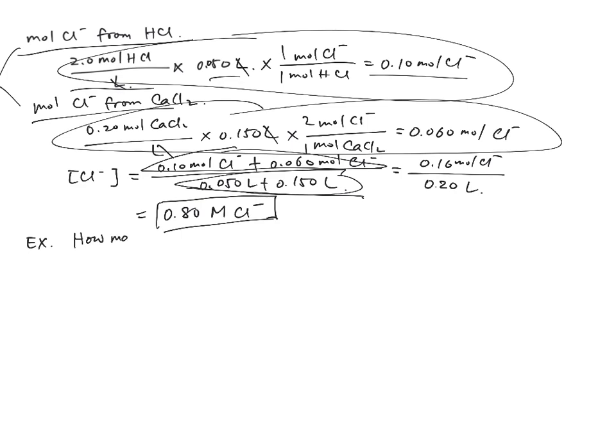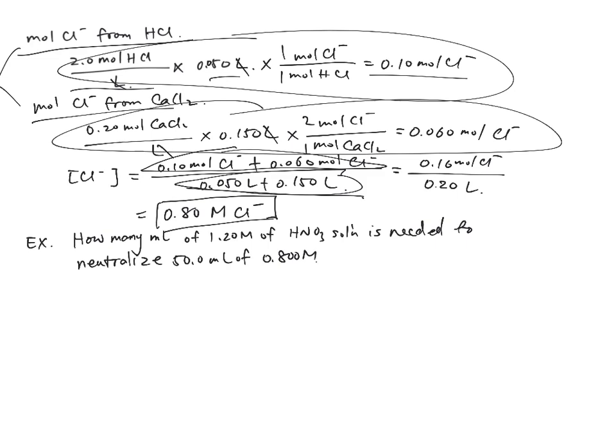How many milliliters of 1.20 molar HNO3 solution is needed to neutralize 50 milliliters of 0.800 molar calcium hydroxide solution.